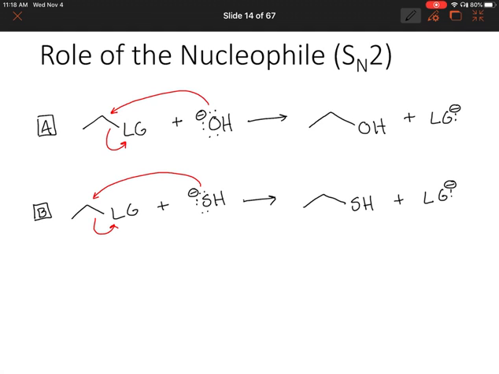If you remember back when we were talking about the stability of conjugate bases, that might help jog your memory. So if we think about these two as bases, as conjugate bases, which one is more stable and why? Or I guess which one is weaker and why?